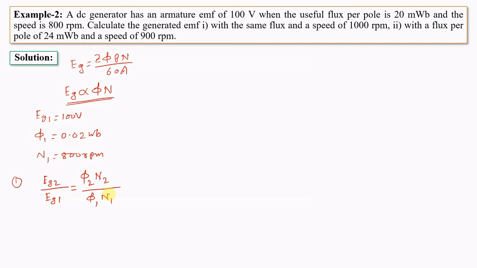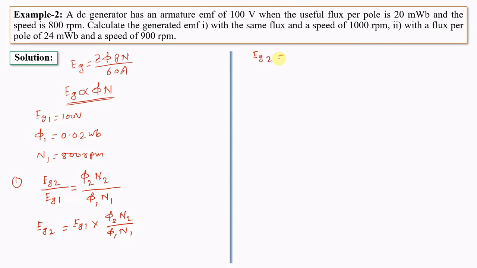So by using the relations, we can find this value. Now here the generated EMF for the second case can be written as Eg1 into phi 2 N2 by phi 1 N1. Now the generated EMF Eg2 will be equal to Eg1, and the value of Eg1 is 100.